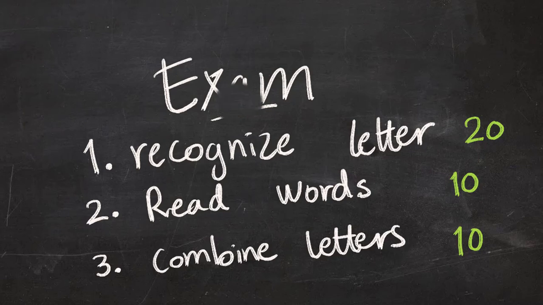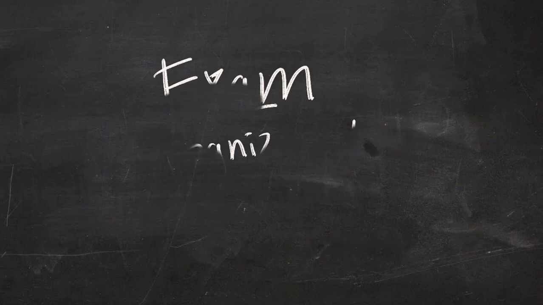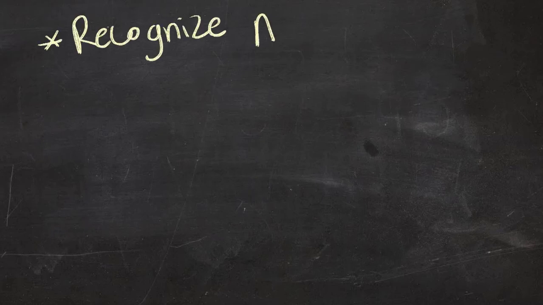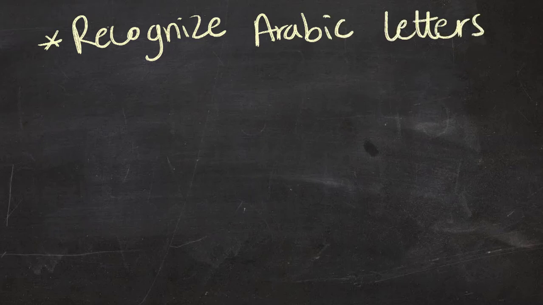So now it's time to see how well you recognize the Arabic letters. For this exercise, I'm going to write down a sentence and I'm going to ask you to find certain letters in this sentence. And we're going to start with sentence number 1.